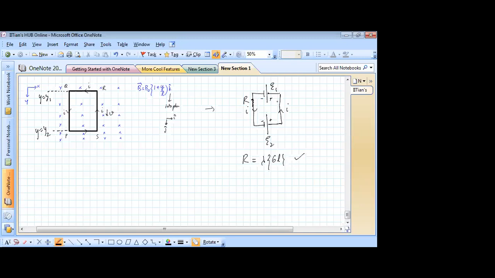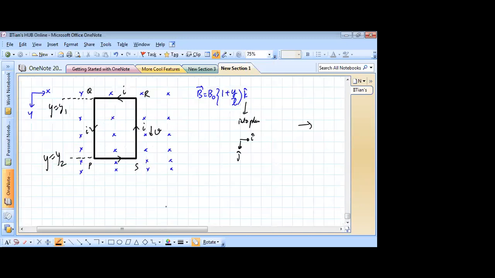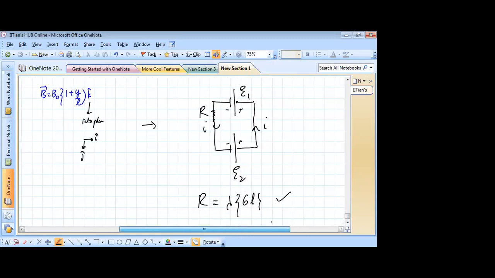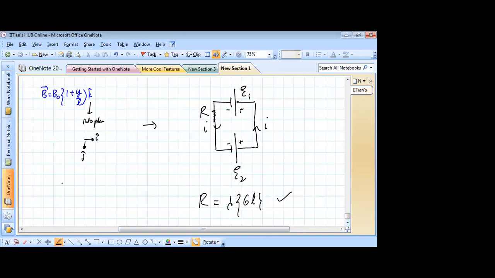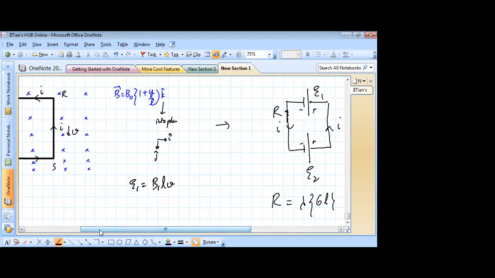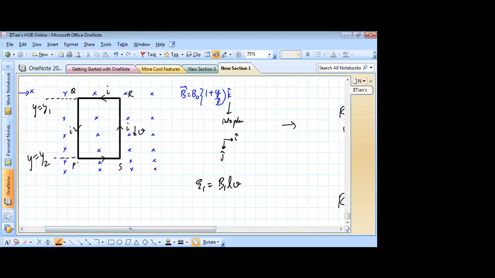So in this situation, you can see that your E1 will be B1 L v, because obviously this length is L and this length is 2L.